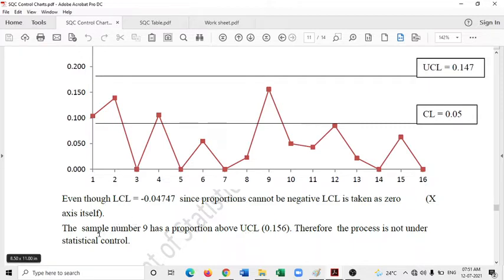See, sample number 9 has a proportion above the UCL, that is 0.147. Here there is some change in the location of this UCL, LCL and CL. The CL has to come with this point.